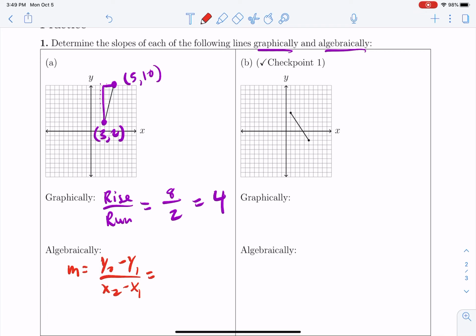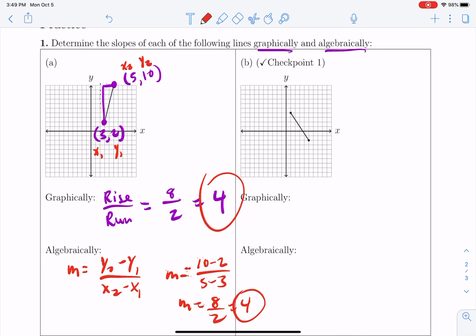It doesn't matter what you decide to be y2, but I might make this bigger number the y2, this y1, this x2 and this x1. So m equals (10 - 2) over (5 - 3). So m equals 8/2 or 4. As you see, I get the same result.